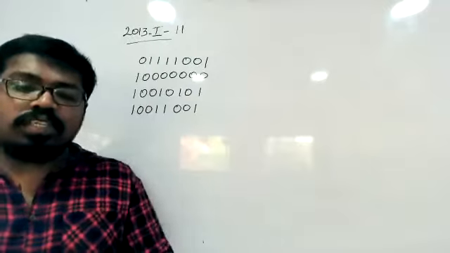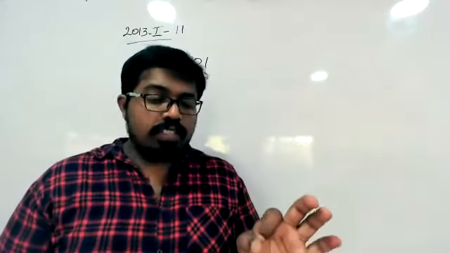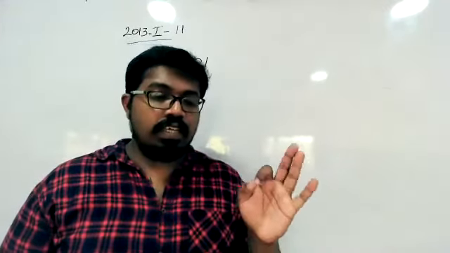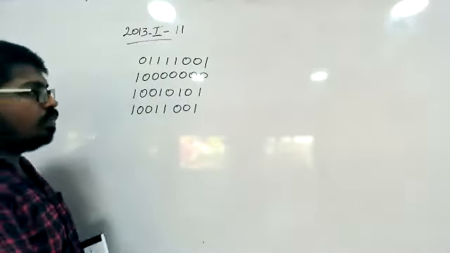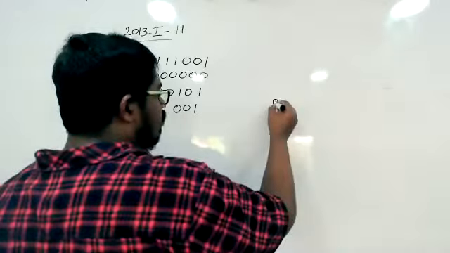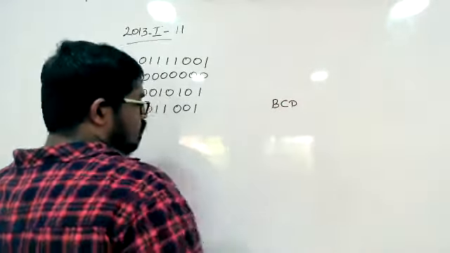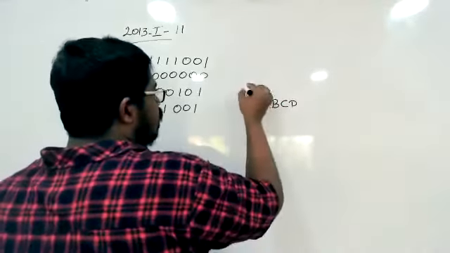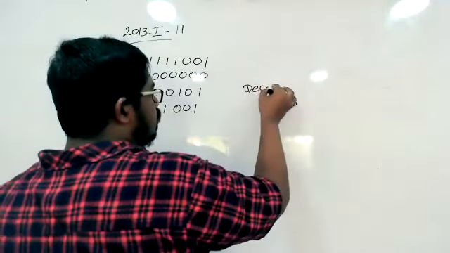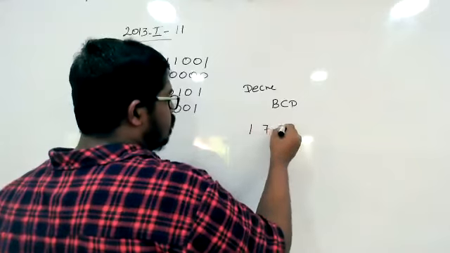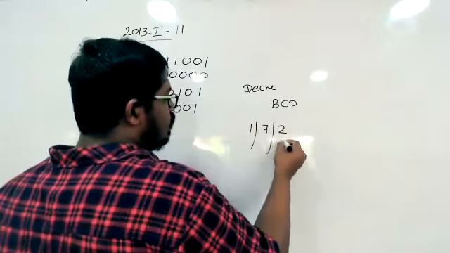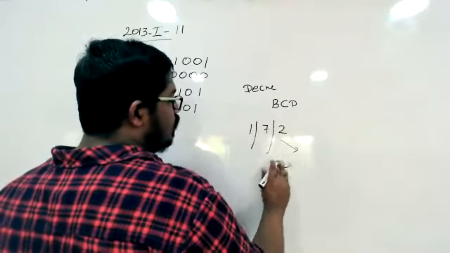They ask you the smallest BCD representation, right? So here you must have a basic idea about BCD representation. When we convert a decimal number into BCD representation, for example 172, each digit will be converted into 4 digits.